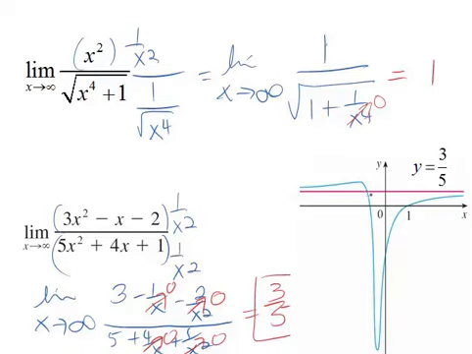Now, we didn't look at negative infinity, but we could have done that. It would not have mattered if we were approaching positive or negative infinity, because if we would have put a negative on this as we work this, these are still going to go to 0 and we're still going to get 3/5. So you can see as we approach negative infinity that it also approaches 3/5.